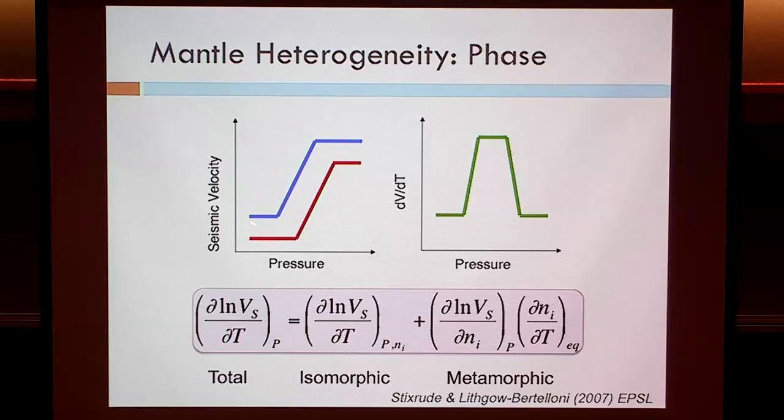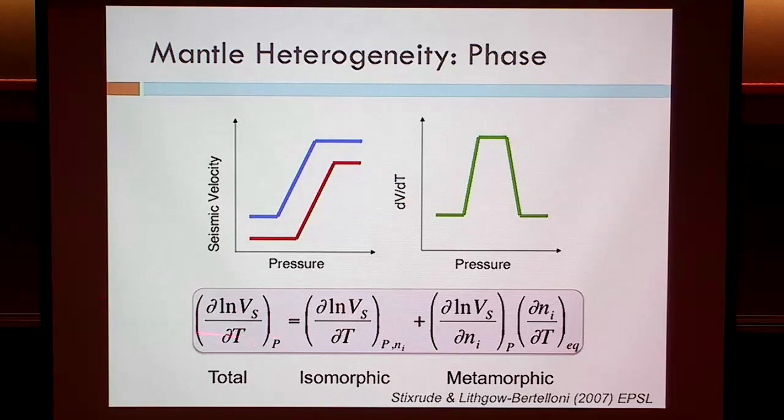And at hotter temperatures, the velocity of olivine is lower, the velocity of wadsleyite is lower by a certain amount. And here's this in-between region where they're coexisting. And what this shows you is that in between, the velocity depends very, very strongly on temperature. So if you plot dV/dT versus pressure, it looks something like this. It has this value here, it has this value here, and then this huge value in between.